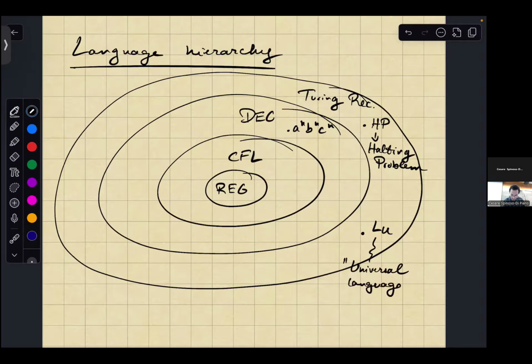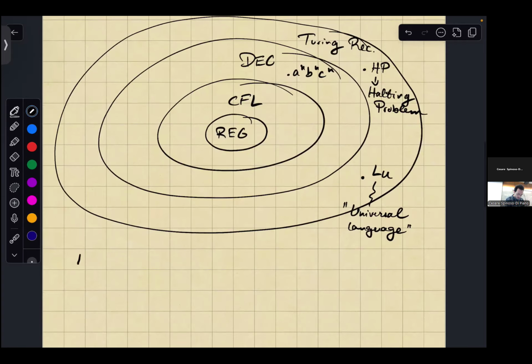But in fact, there's a much more intuitive way of talking about the universal language, which is as a decision problem. The universal language is equivalent to the acceptance problem.